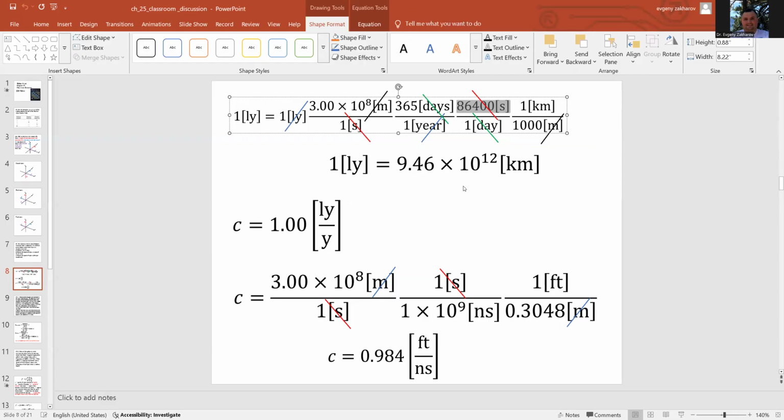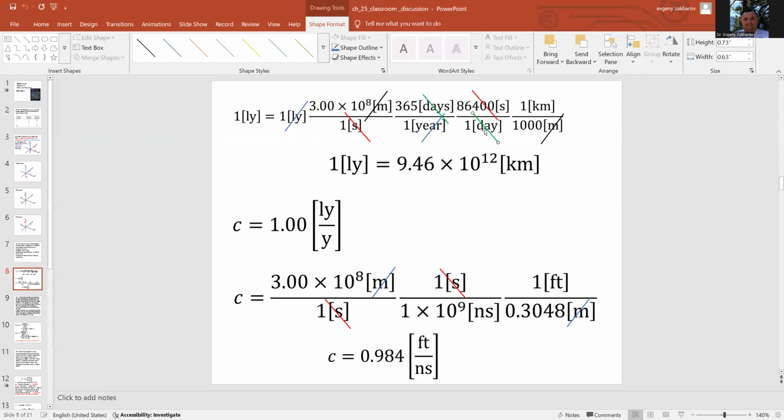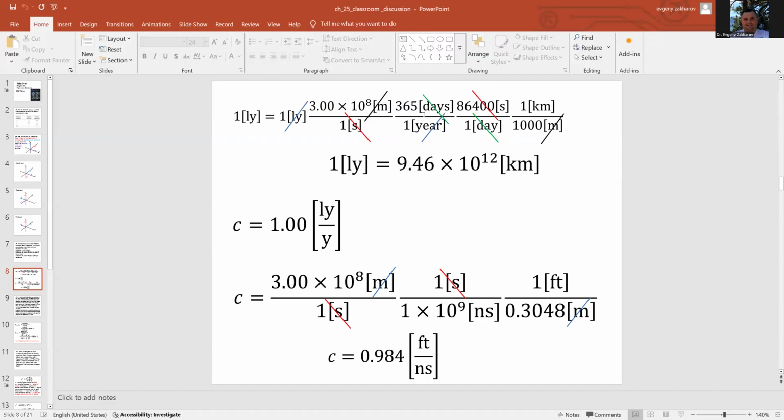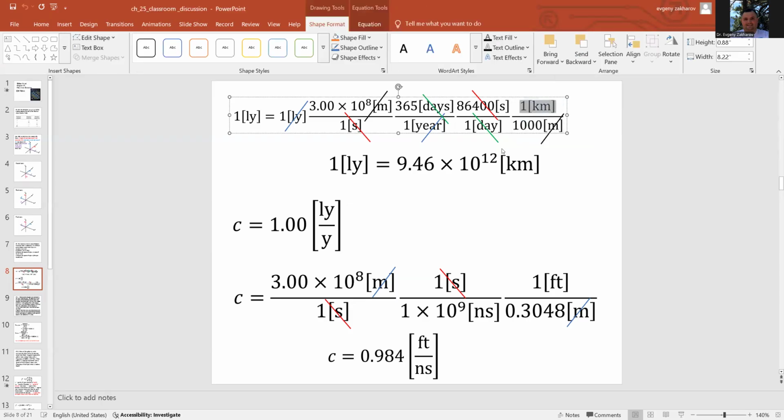86,400. So you can see the different colors for those arrows to see which one cancels. And you're left with kilometers, and everything else cancels out. So 1 light year turns out to be, yeah, we have million as 10 to the power of 6, billion 10 to the power of 9, and trillion, so 10 to the power of 12.